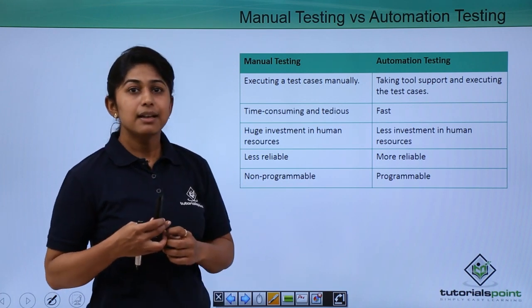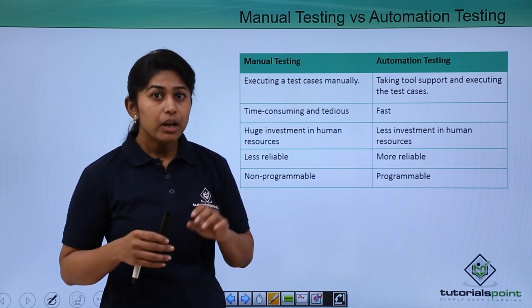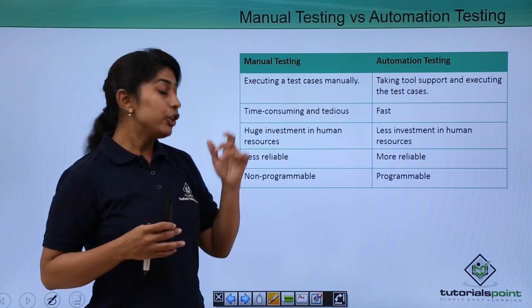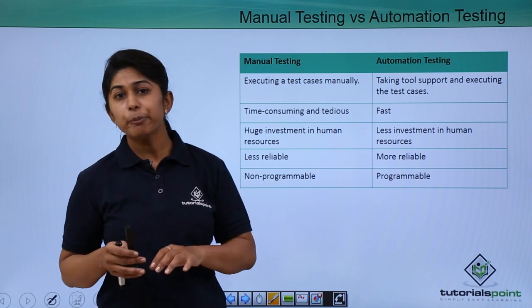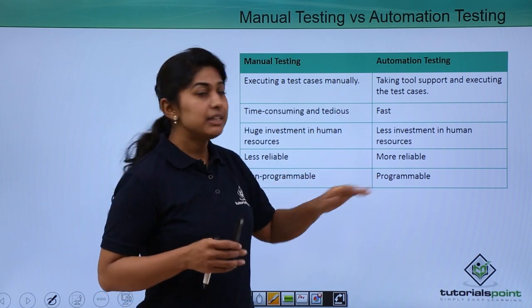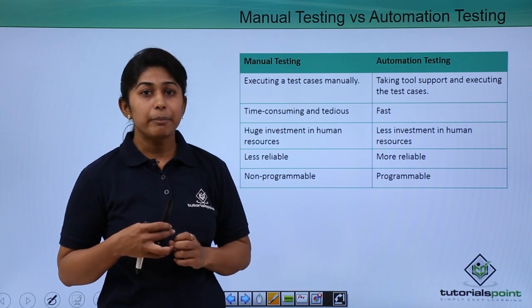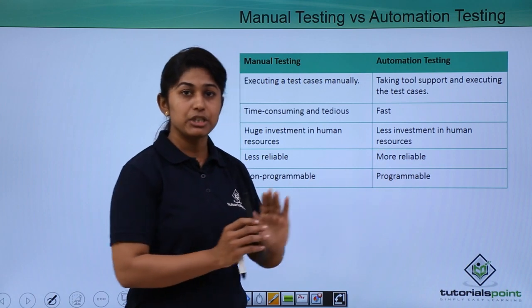That's why it is less reliable. In automation testing, once you write the code, the machine will do the work, so it is more reliable. In manual testing, you are doing no programming or coding, so it is not programmable, while in automation testing, you are writing some program or logic, so it is programmable. So this is the difference between manual testing and automation testing.